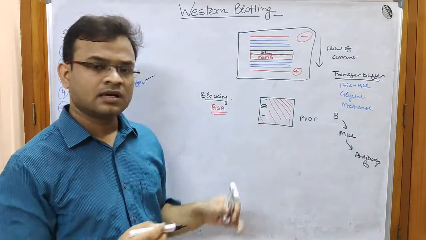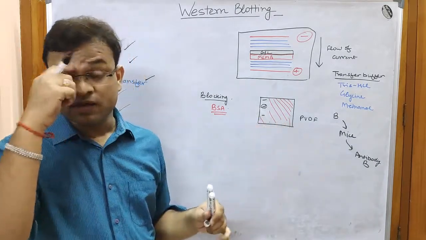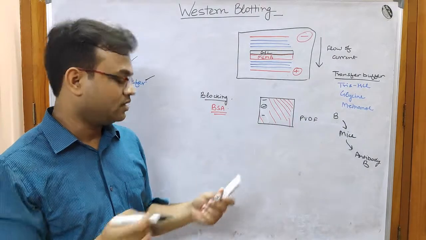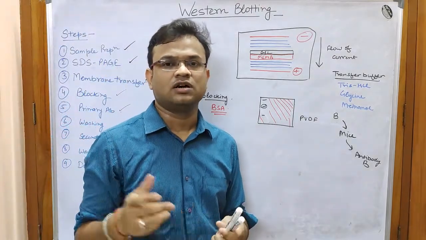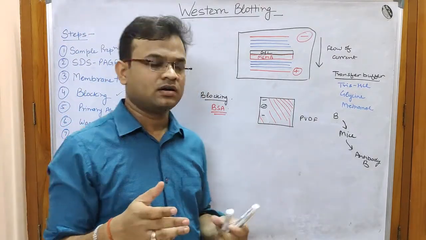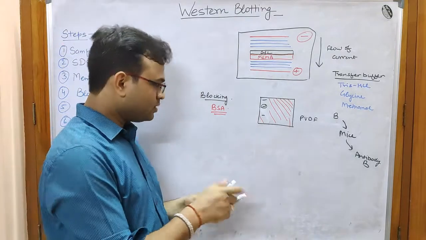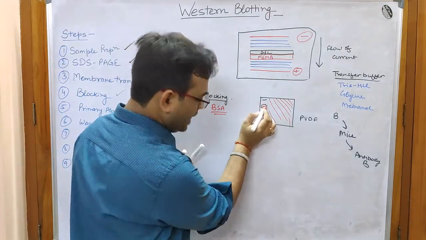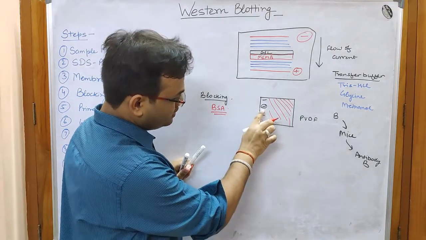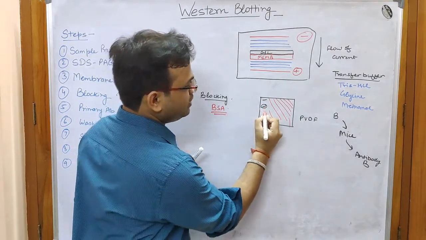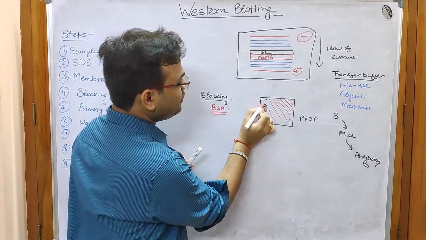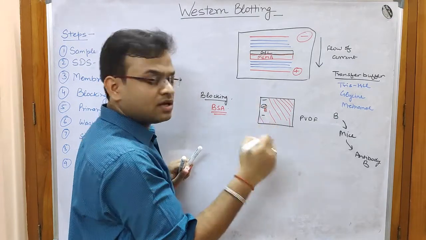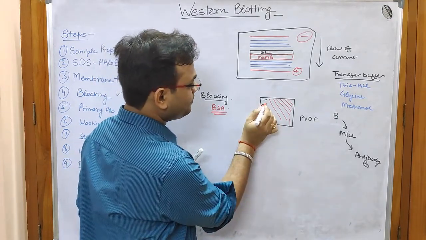Suppose now we have mixed the antibody B and it has identified that this protein is B. This protein is B, and we have used this primary antibody.